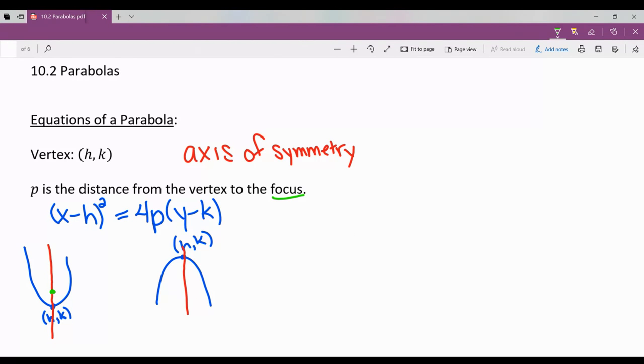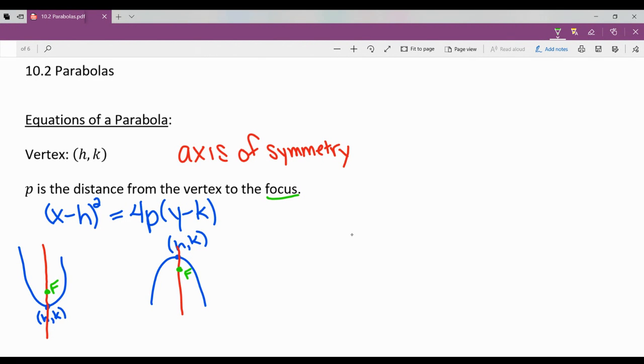So my focus would be inside, and from here to there is p units away. So the distance from your vertex to the focus is p, and that is right there in your equation.